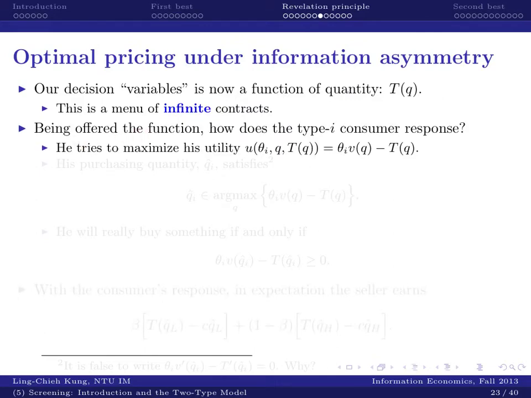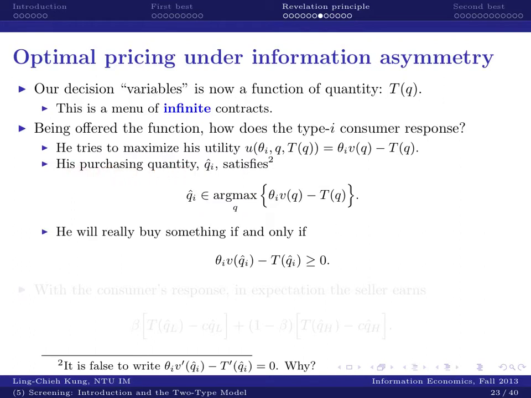By being offered this function, the type I consumer will think in the following way. He needs to somehow find a way to maximize his utility. His utility is like this. Now Q is his option. He can choose Q by paying T of Q. So his purchasing quantity, let's call it Qi hat, will satisfy this relationship.